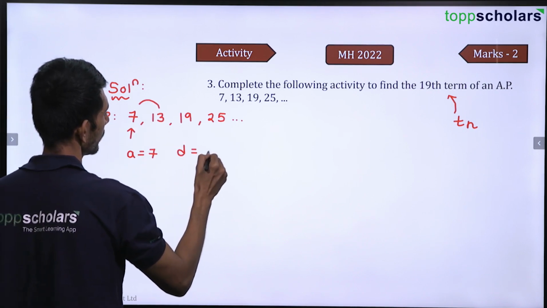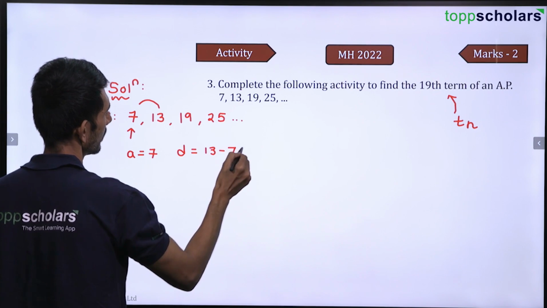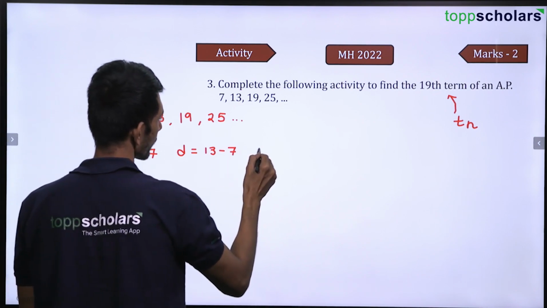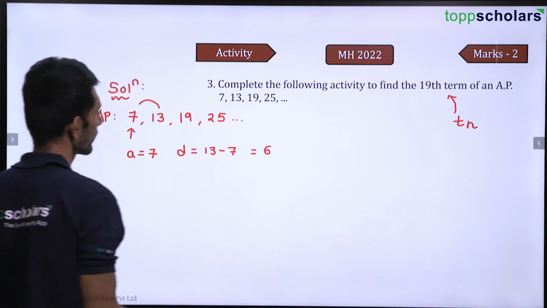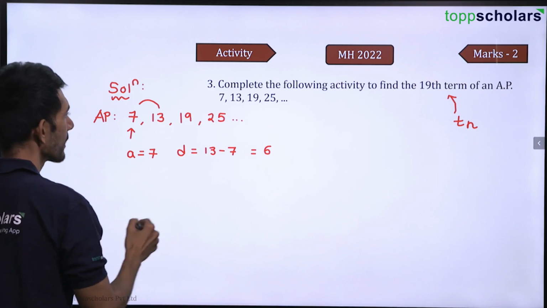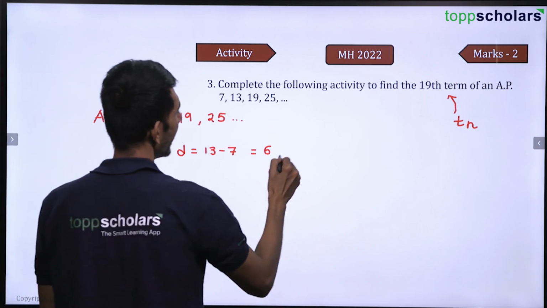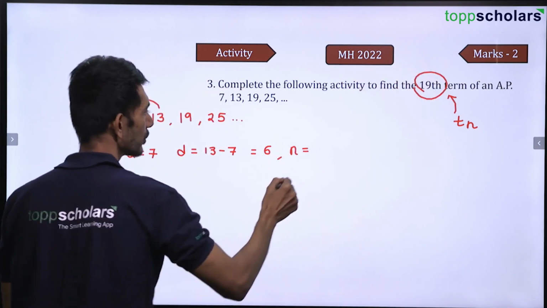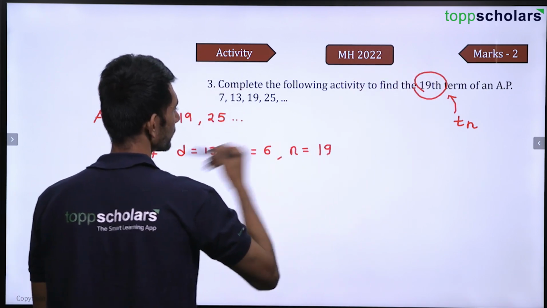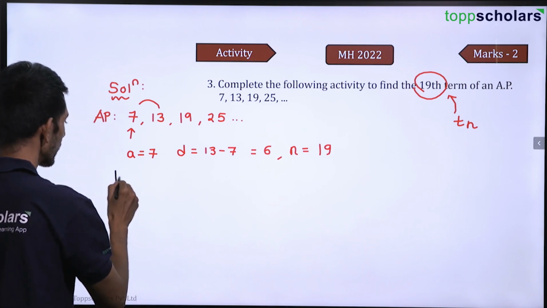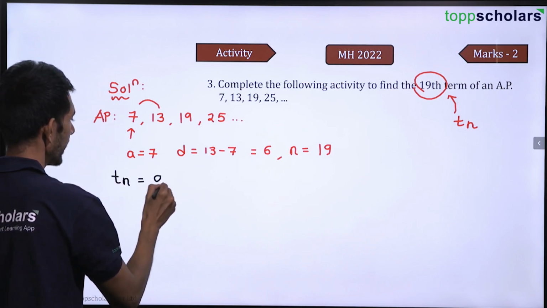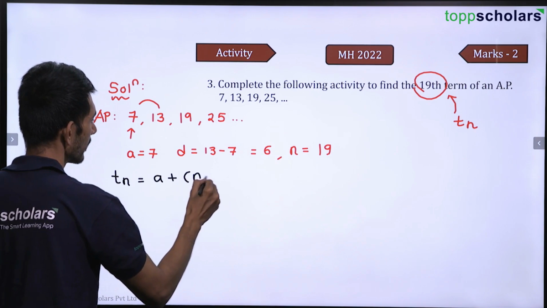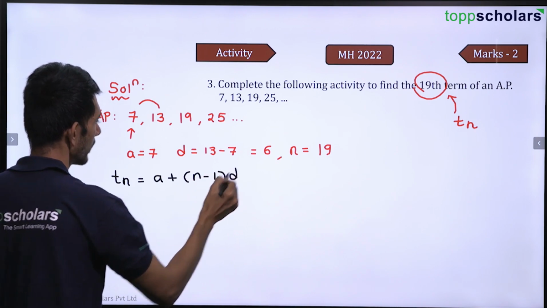Can I say D is equal to 13 minus 7, which is 6? You have A, you have D. What can you take as N? Can I take N as 19? Because we are supposed to find out the 19th term. What is the formula for Tn? The nth term is given by A plus N minus 1 into D.